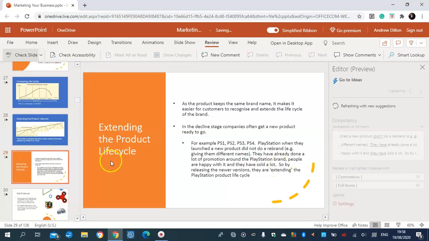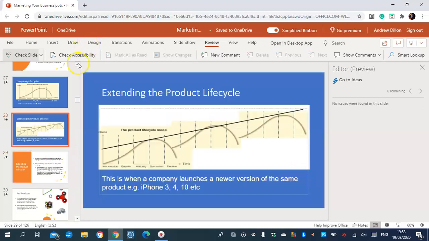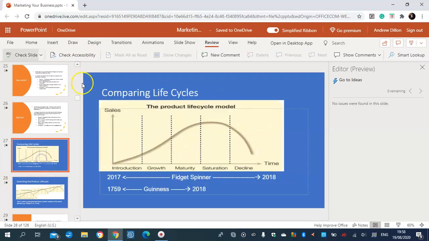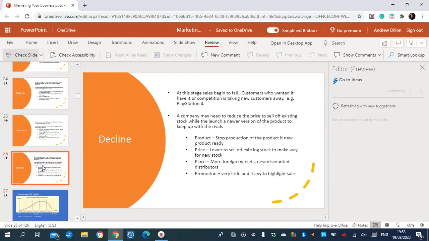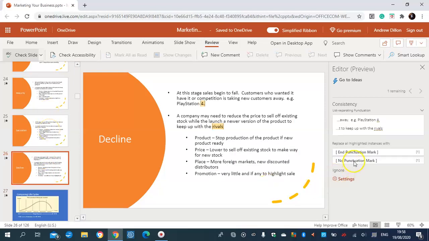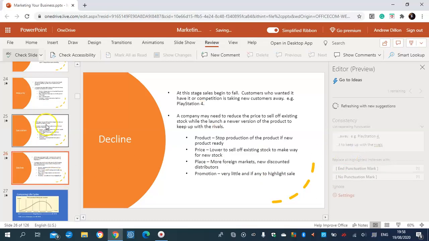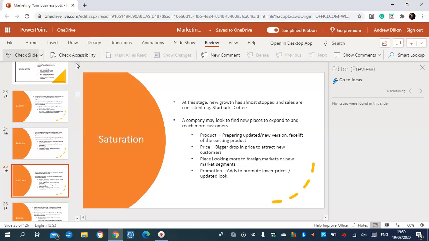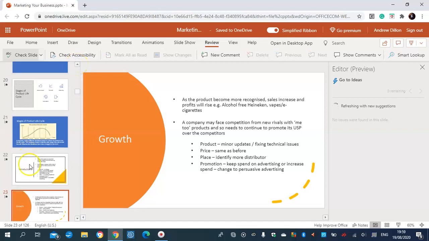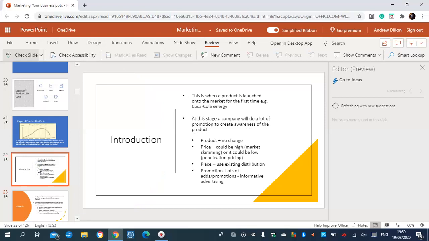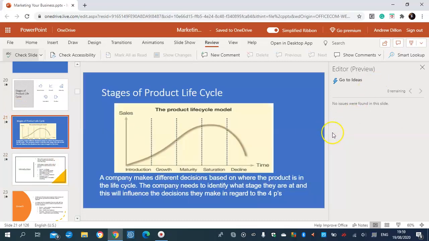Click full forms. And this slide, which is the last slide presented in this video, no issues.